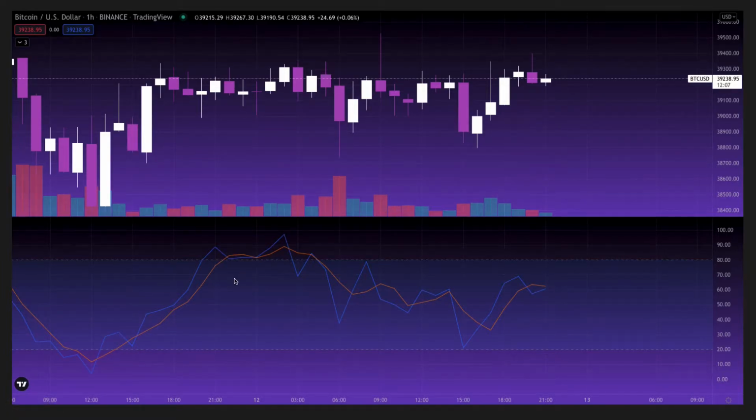And vice versa, when we go above 80 and our slow stochastic surpasses our fast stochastic, or our fast stochastic goes below our slow, it's a good area to go short.